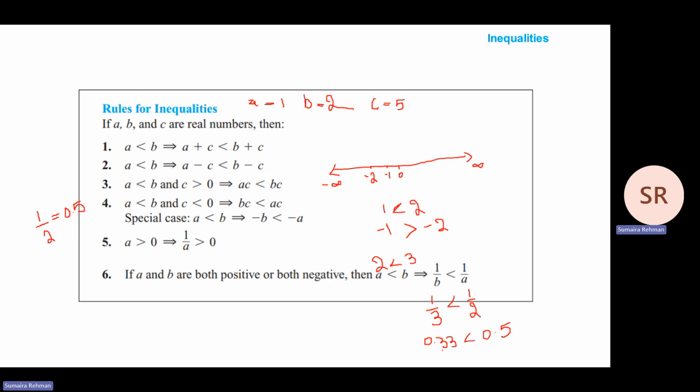You can see that 0.33 is strictly less than 0.5. I hope all these inequalities are clear for you. But still, if you have any problem understanding these inequalities, let me know in the comment box, and I will try to write these inequalities on paper and explain them again for you.